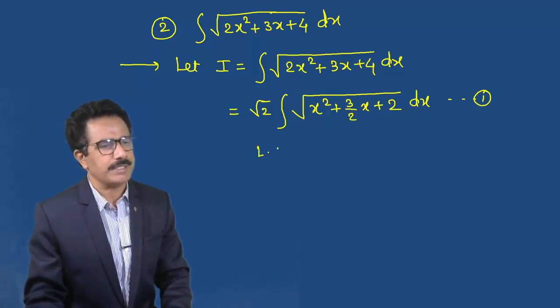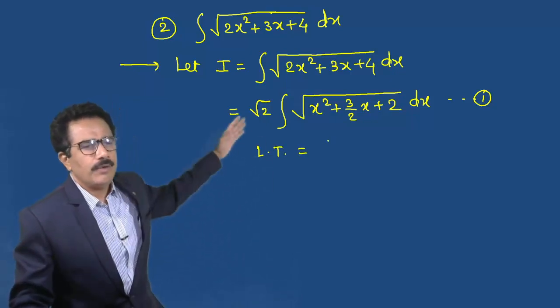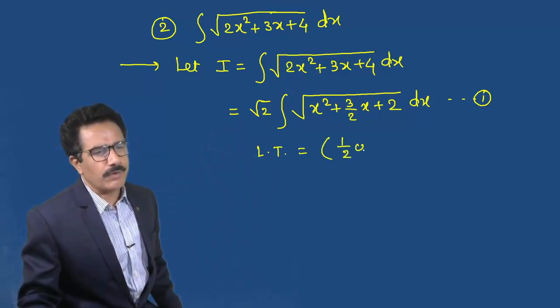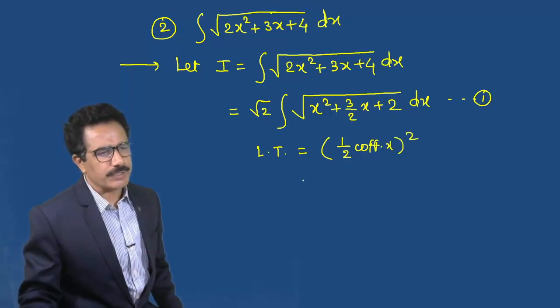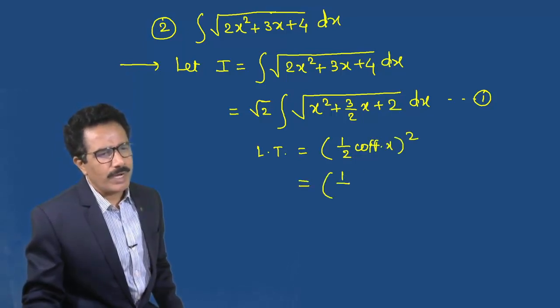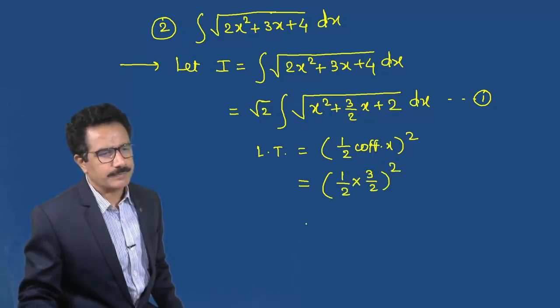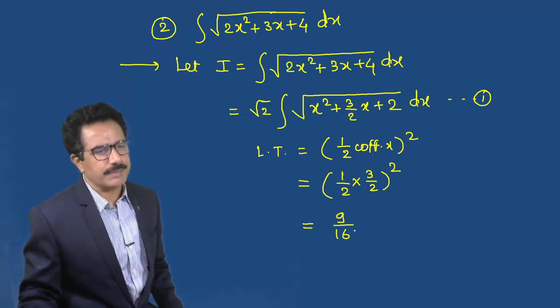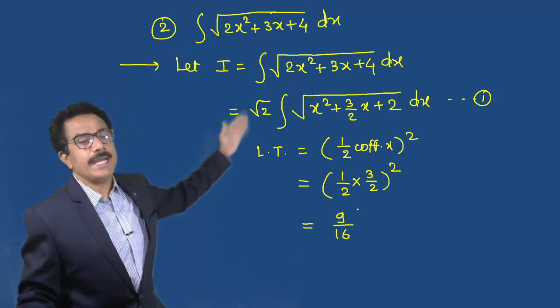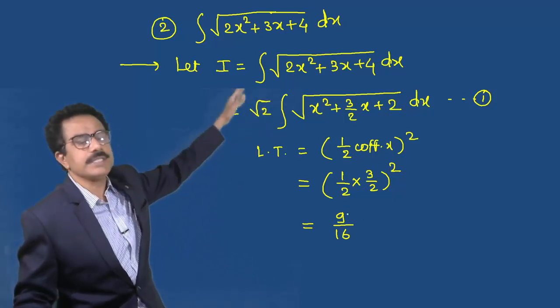So last term is equal to 1 by 2 into coefficient of x bracket square, 1 by 2 into 3 by 2 bracket square. So it can be written as 9 by 16. So we have to add and subtract 9 by 16 in this integral.